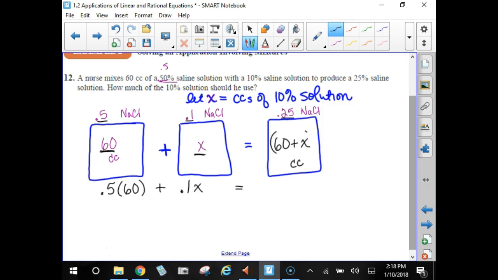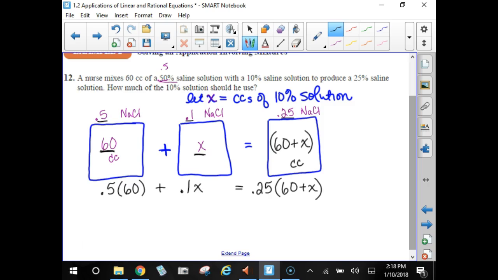Now, since you have two terms, the amount you need to write as a quantity. So we take the percent, 25% or 0.25, times the quantity, 60 plus X, and that will be the amount of saline we want in our resulting mixture. Now you see we have an equation set up that has one unknown. We can solve this.